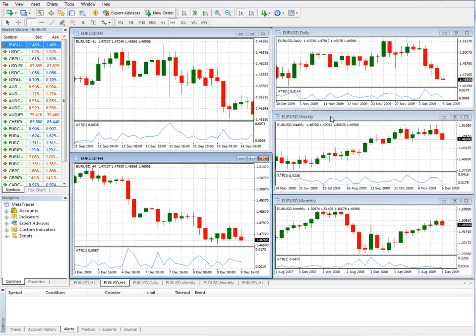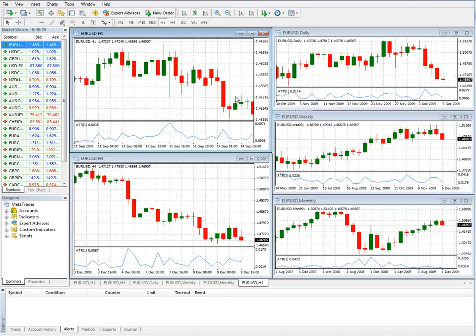We've looked at channel breakouts. We've looked at support and resistance. We've looked at a number of different things here. We've looked at how to actually place orders. We've looked at controlling our risk, which is quite naturally of paramount importance. We've looked at lots of things here. So we've covered the basics of what you need to trade successfully.